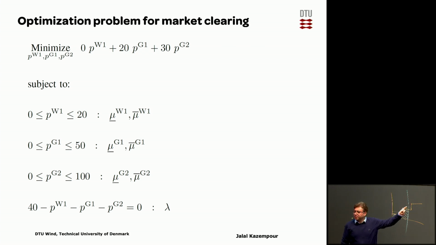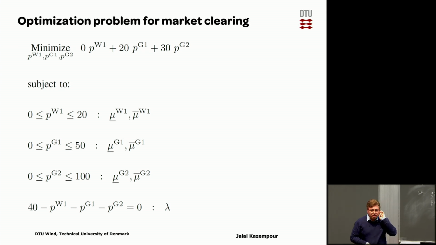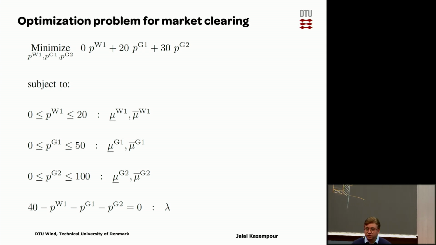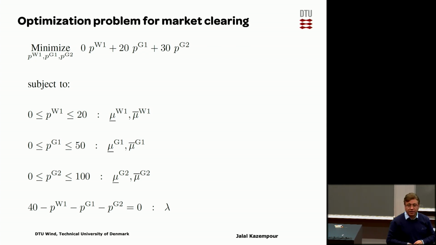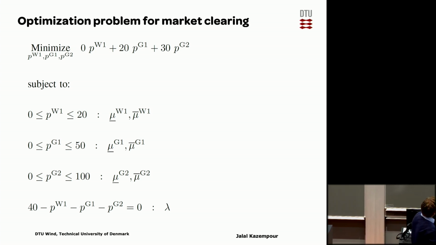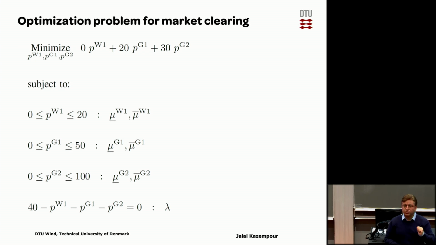Is it clear? Good. Then how many constraints do you have here? You have 7 constraints. The first one, you have upper bound and lower bound. Lower bound 0, upper bound 20. That's why you have 2 dual variables, mu underline and mu bar. What dual variables are, I'm going to talk about that in a minute. So 2 constraints for W1, 2 constraints for G1, 2 constraints for G2.